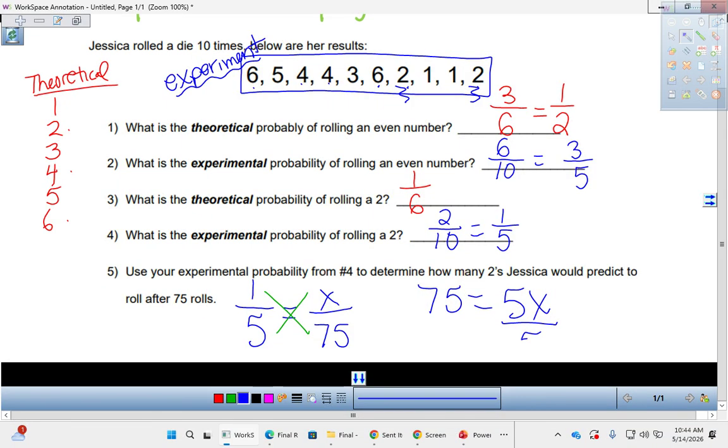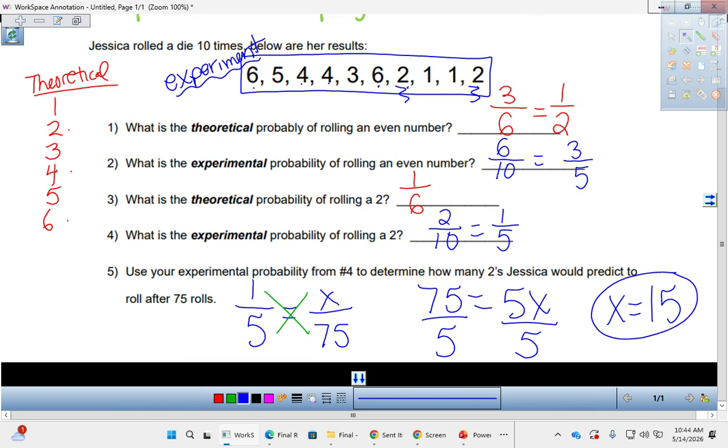And we divide by 5. What do we get? 15? And I don't have to round that because it's a whole number. So I would expect to get 15 out of 75, which is 1/5. If it said use the theoretical probability, it would have been a 1/6, and I would have done something different.